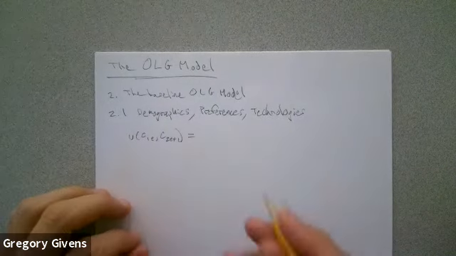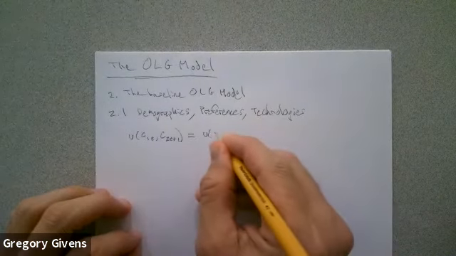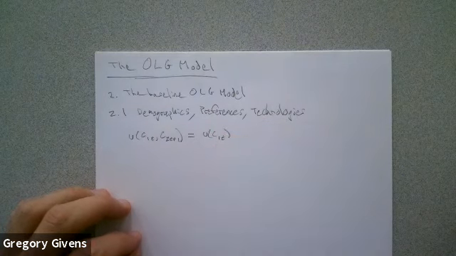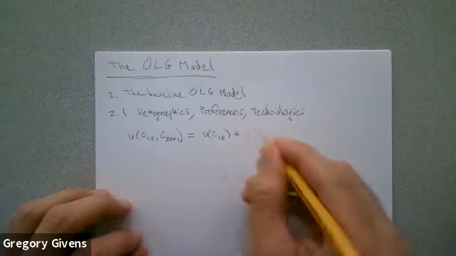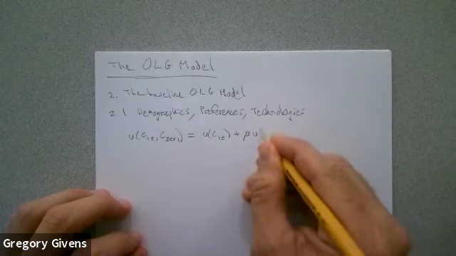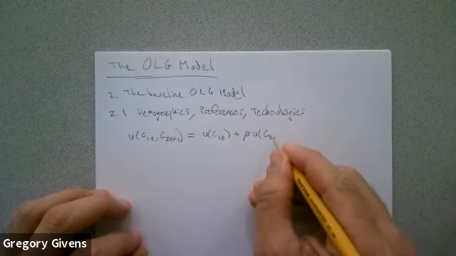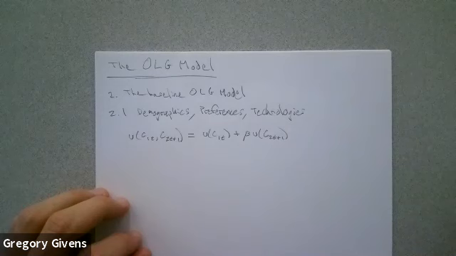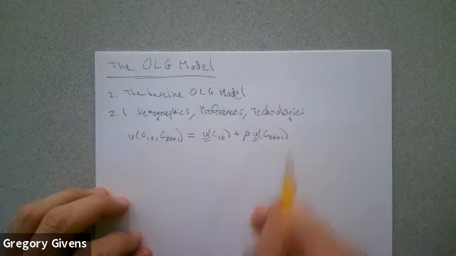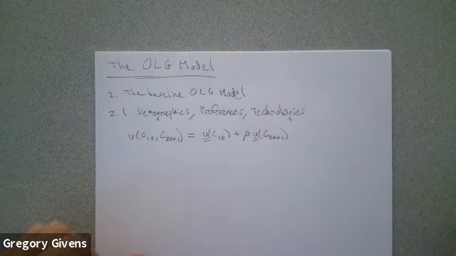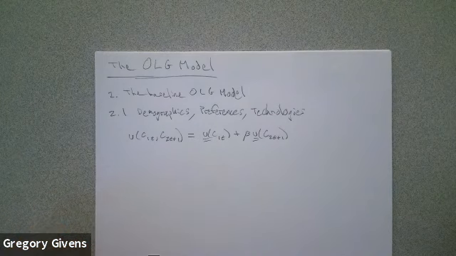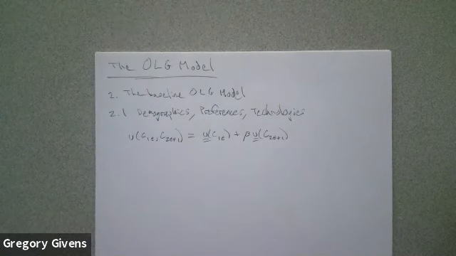So the utility function is going to be what we call separable over time. It's going to depend on first period consumption plus the discounted utility value of second period consumption. So it's these period utility functions which matter for us. A person's lifetime utility is just the discounted sum of their utilities for every period of their life.